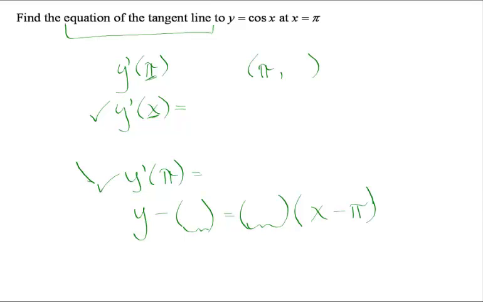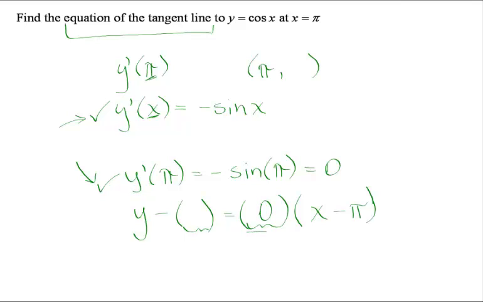If you jump straight to this step, you're losing all those points. Show the derivative in the variable first. So the derivative of positive cosine is negative sine. When I plug in the x value of pi, my slope is 0.